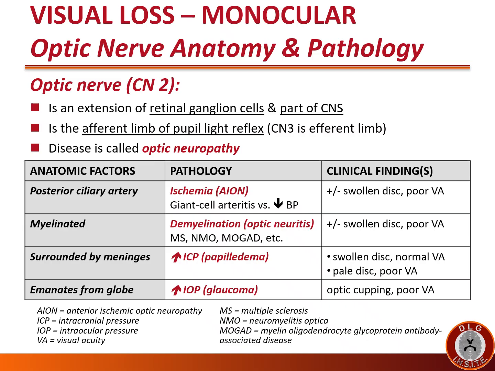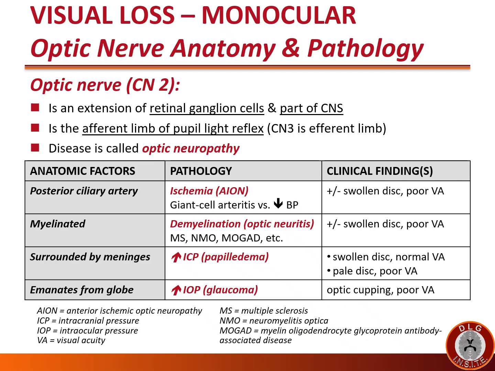The optic nerve is surrounded by the meninges, so increased intracranial pressure can also cause problems with the optic nerve. And when you see a swollen disc with normal visual acuity, that is usually papilledema. The term papilledema does not mean swollen disc. It specifically means swollen disc when it is due to increased intracranial pressure.